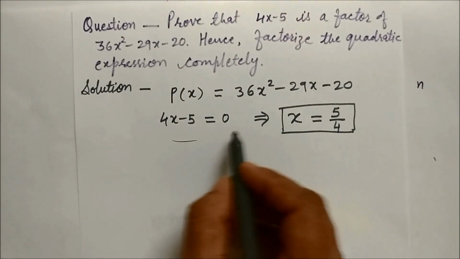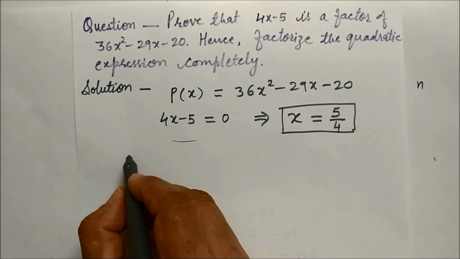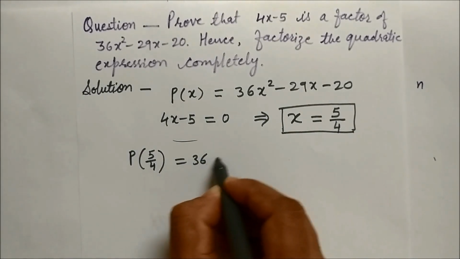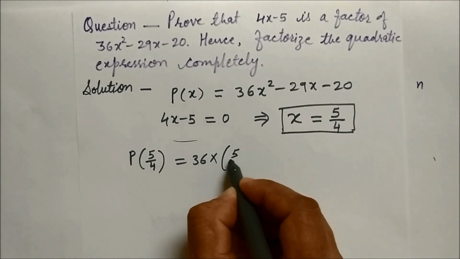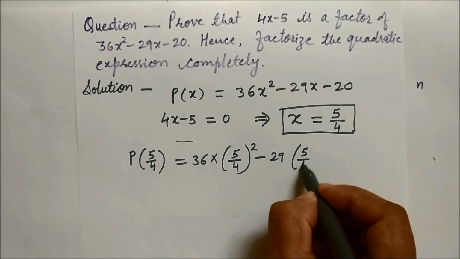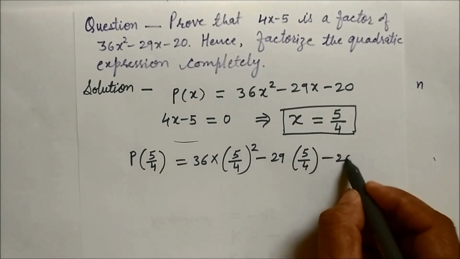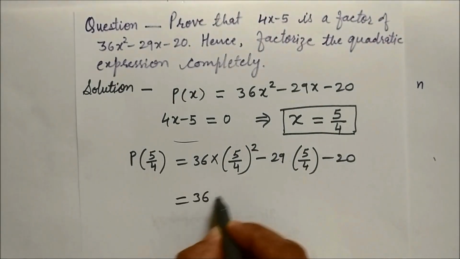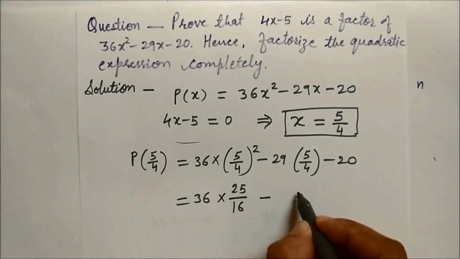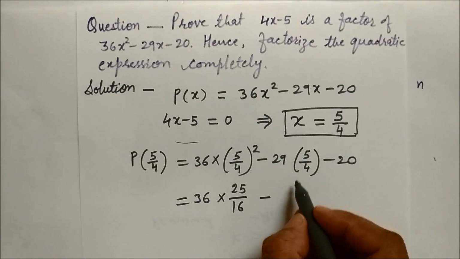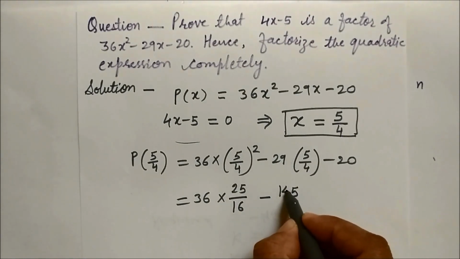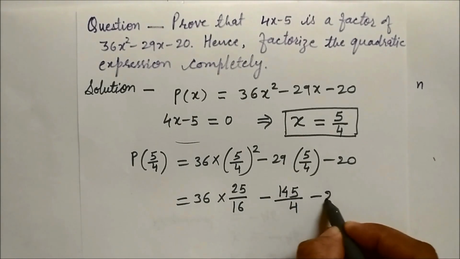So putting x is equal to 5 by 4 in the polynomial, we have p(5/4) is equal to 36 into (5 upon 4) whole square minus 29 into 5 upon 4 minus 20. 36 as it is, 5 square is 25, 4 square is 16, 29 into 5: 5 9s are 45, carry over 4, 5 2s are 10 plus 4, 145 upon 4, minus 20.